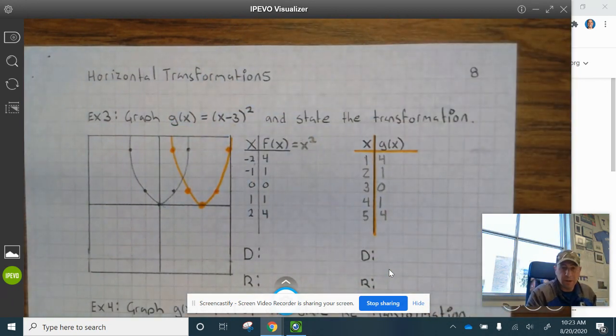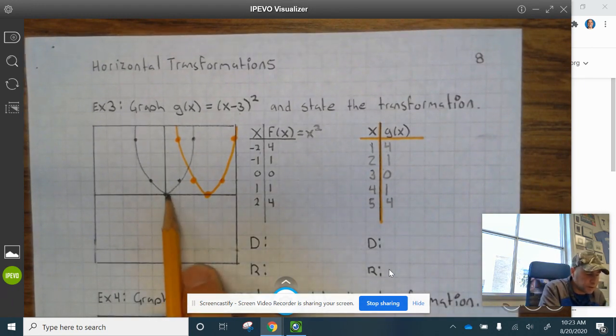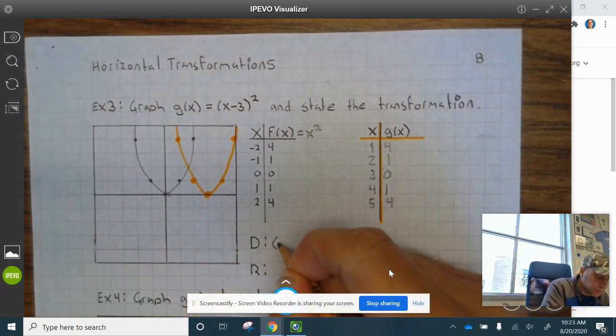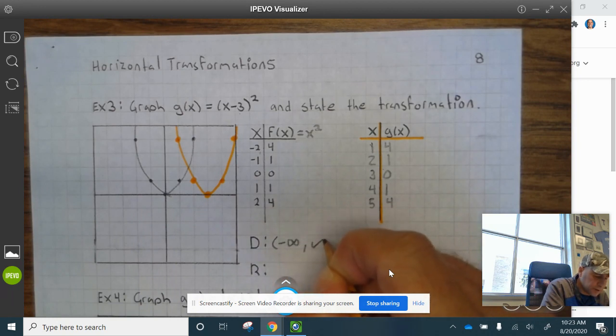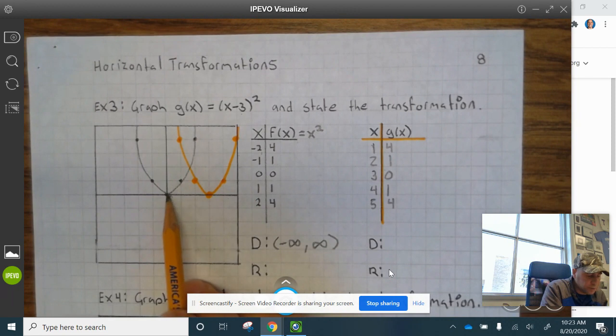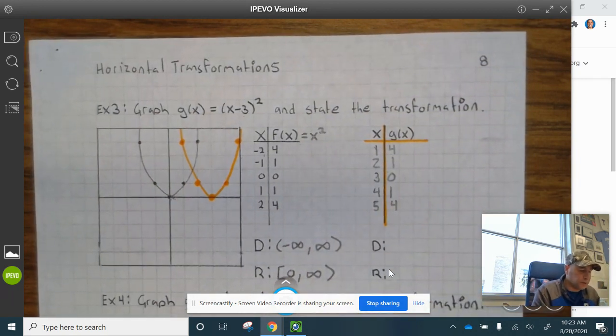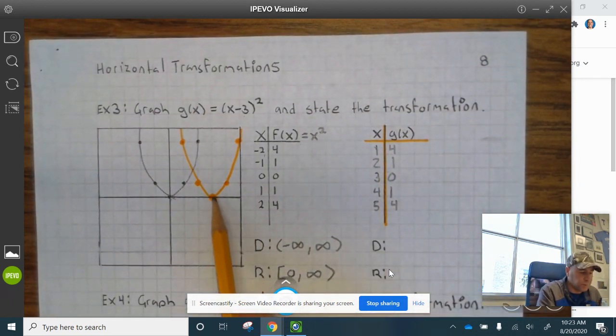Okay. Now let's look at the domain and range of each. The domain of a quadratic is always negative infinity to positive infinity. So this is again the domain of the parent function x squared. Now the range starts at 0 and goes to infinity, so that's bracket 0 to infinity. Now let's see what effect the transformation has on the domain and range.